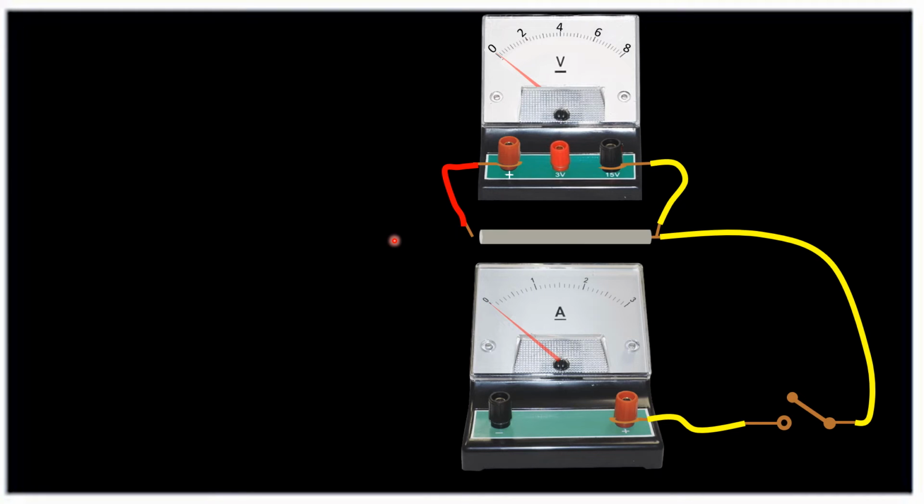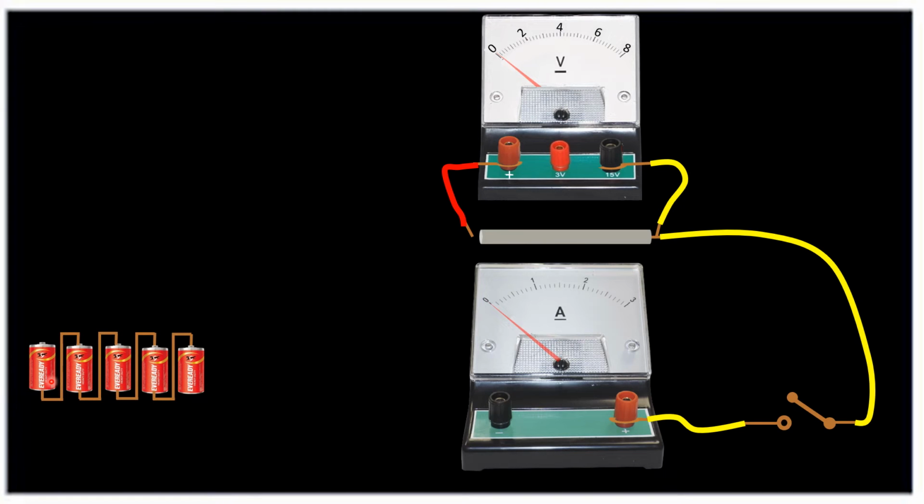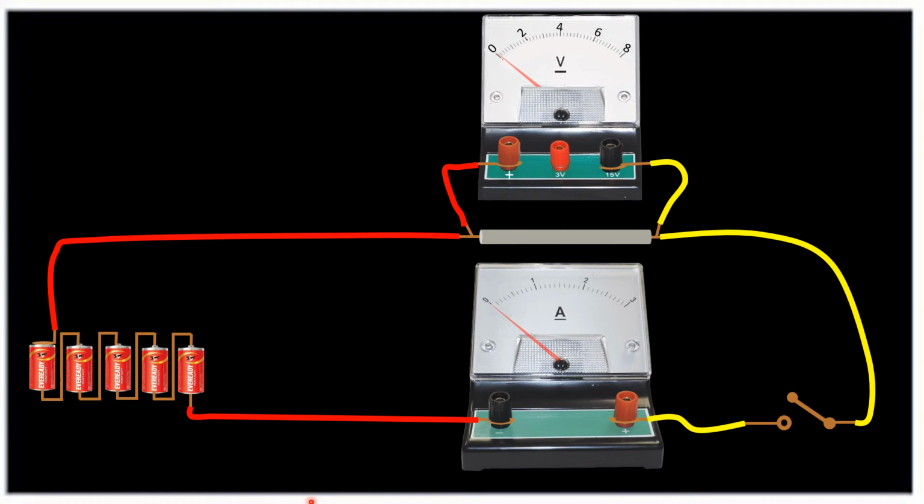Next, I will connect 5 dry cells. This time I am taking all the dry cells together. Let us connect in the same way. Close the key. See here, how much current is passing through the iron spoke? It is 2 amperes.